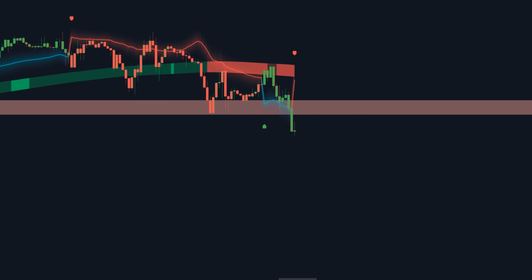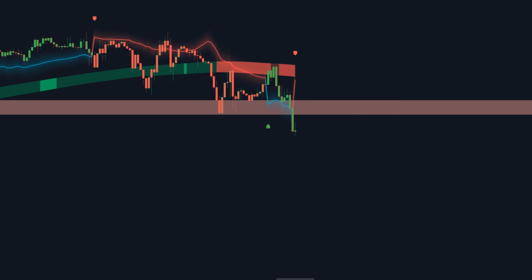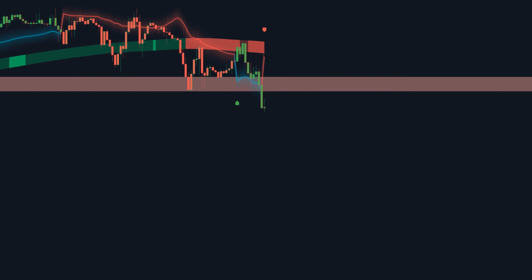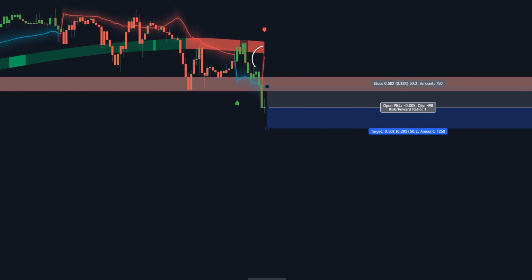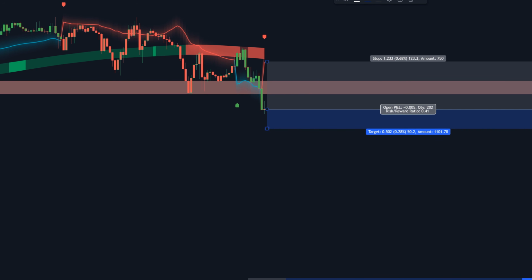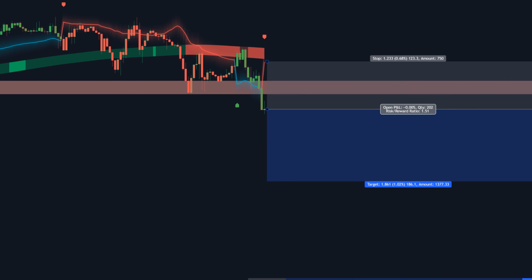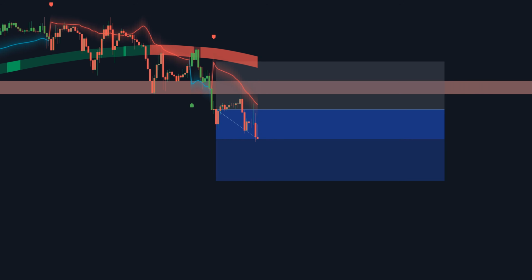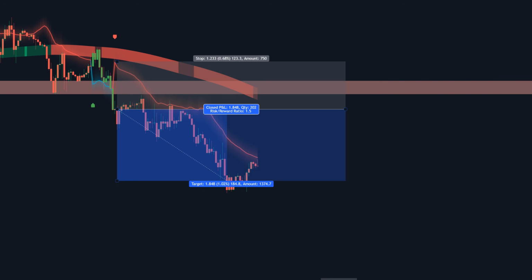When the price eventually breaks and closes below a strong support level, that indicates that the price may continue going downwards. Because of this, we're going to enter a short position. The stop loss is going to go right at the trend ribbon of the RMI Trend Sniper. And for the take profit, we're going to go with 1.5 times the risk. Letting this trade run, and it hits take profit.